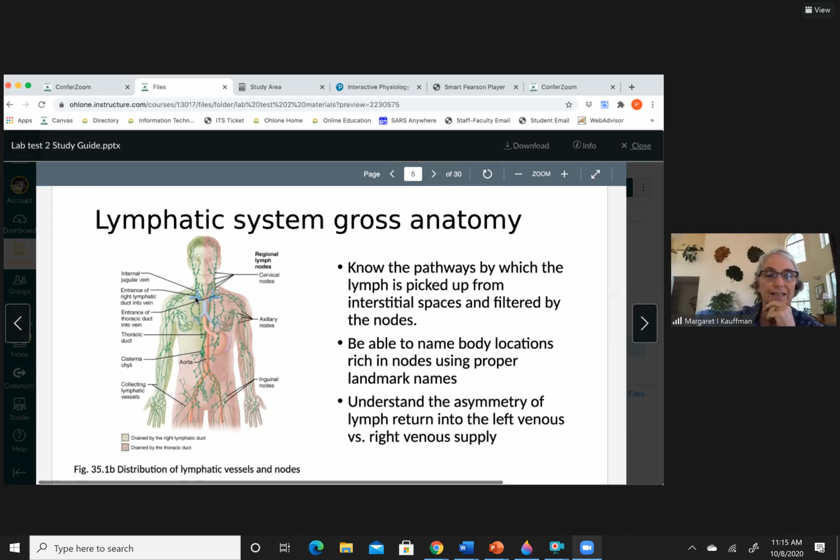Your right equivalent thoracic duct is only getting lymph from your right head, neck, thorax, and right arm. So much more lymph goes into the left thoracic duct.